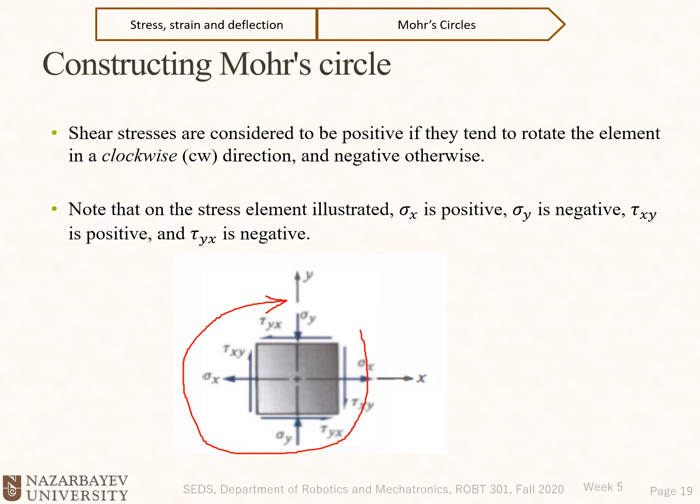So tau xy tends to rotate the element clockwise, and tau yx tends to rotate the element counterclockwise. So tau yx is negative. Okay, this definition is solely for Mohr circle, but in reality, both of them are positive. Why? Because they are pointing to the same edge, to this edge here.